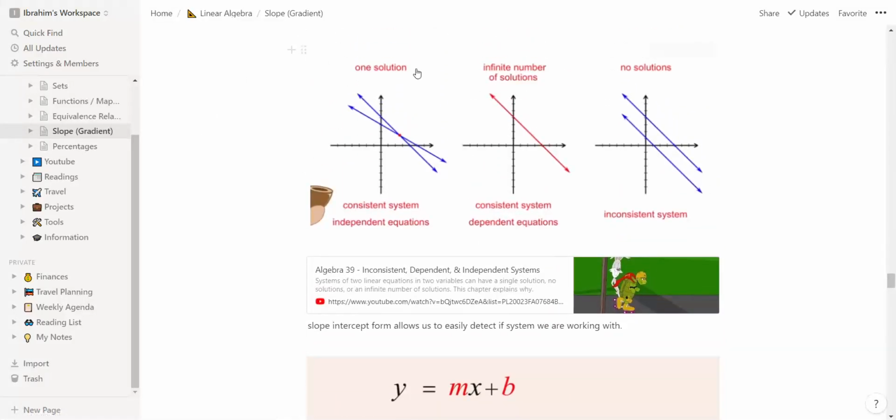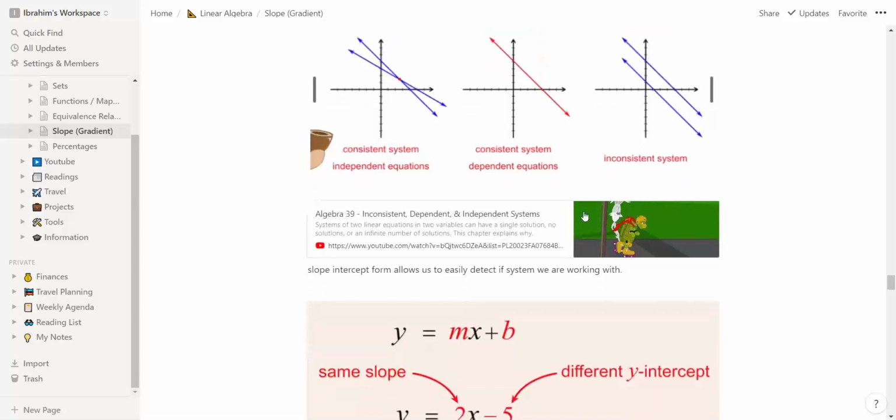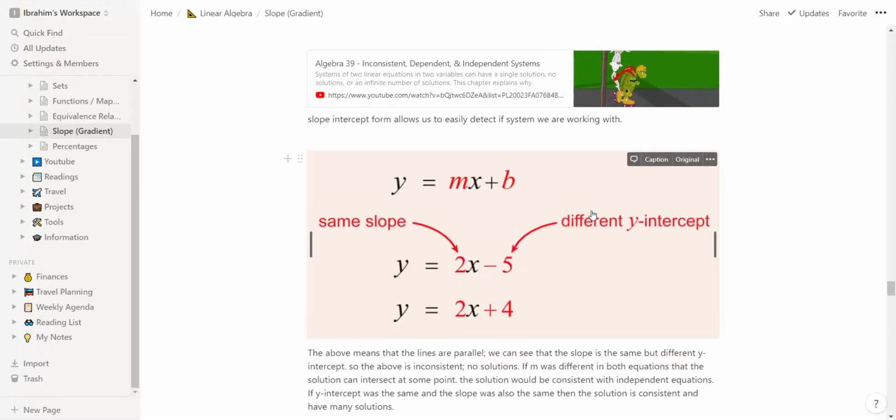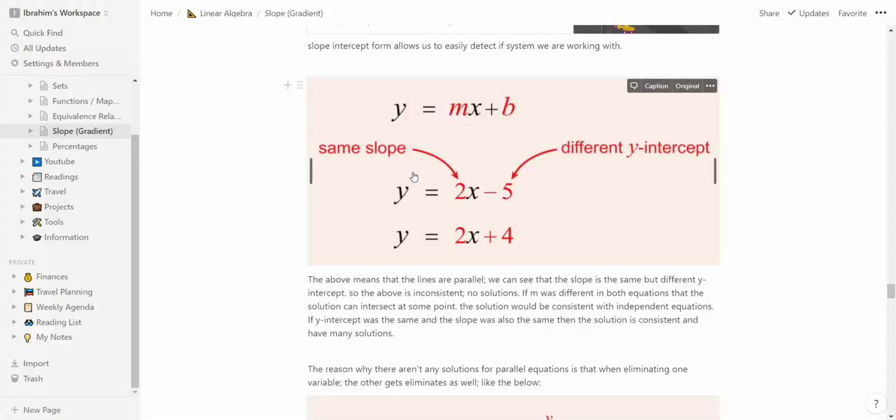Apparently we can detect from the get-go if this sort of system is actually solvable, consistent or inconsistent, because if you have two equations with the same slope and different y-intercepts, then the lines are parallel.